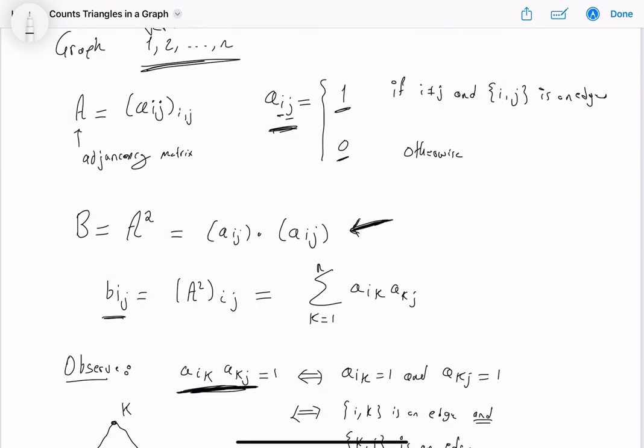There's an algorithm, for example, due to Strassen, that says such an operation can be done in order of n to the power 2.807, and that's a very big improvement if you know a bit about computational complexity.